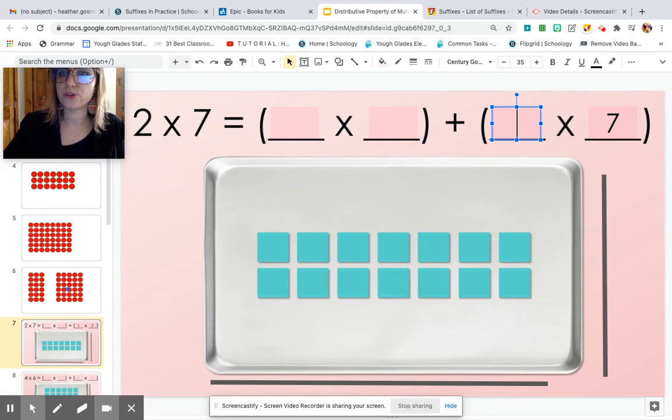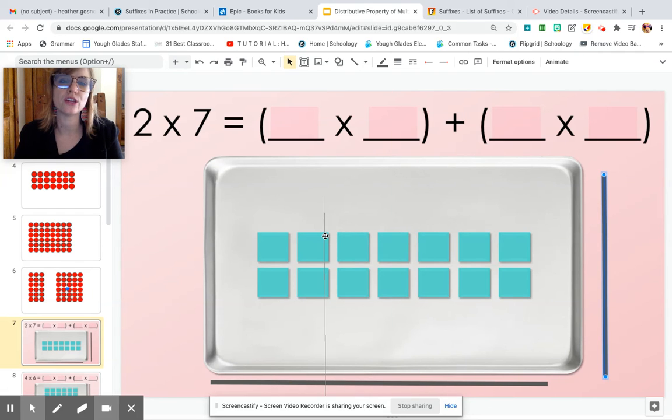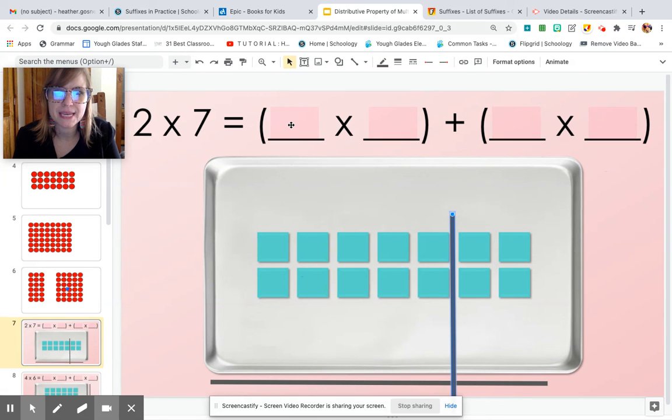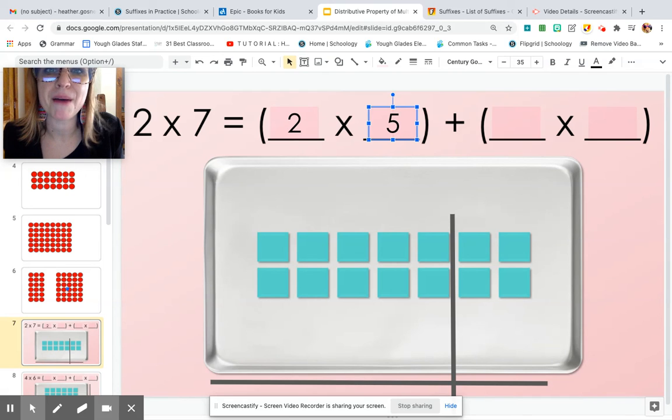I can distribute it by the column. So I could look at this. Now, if it was easier for you, you could look at this and you could go, I know my 5, so I could split it and make it, I'm going to take 2 off, and that would be 2 rows of 5. Notice when you split it by column, your rows don't change.